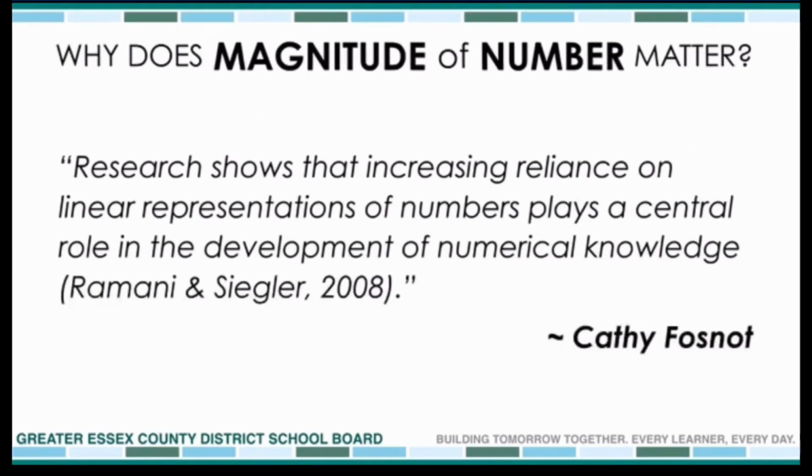Well, research tells us that increasing reliance on linear representations of number, just like that number line we used a moment ago, plays a central role in the development of numerical knowledge.